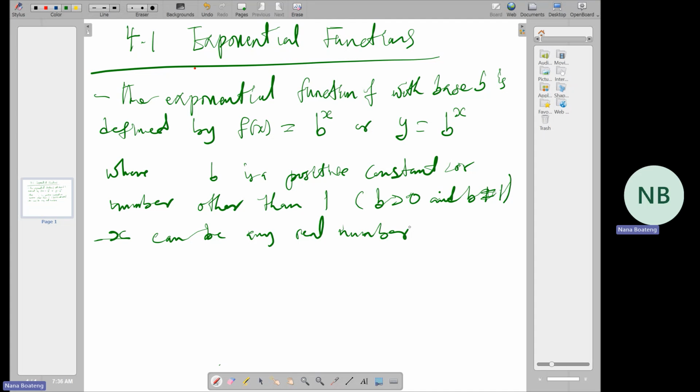So let's start off with graphing exponential functions.